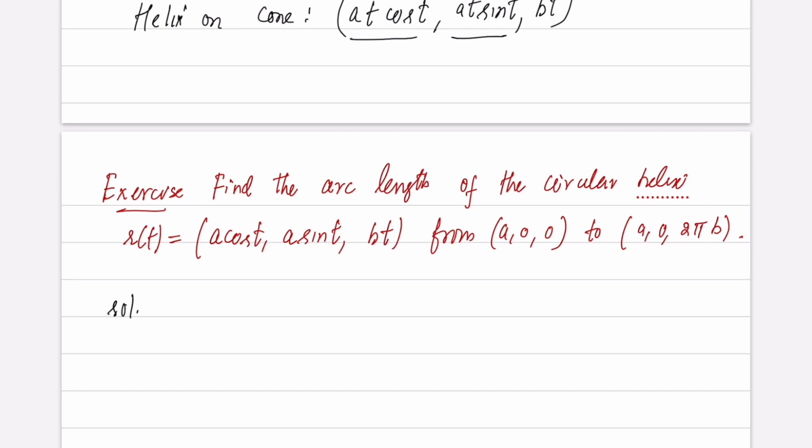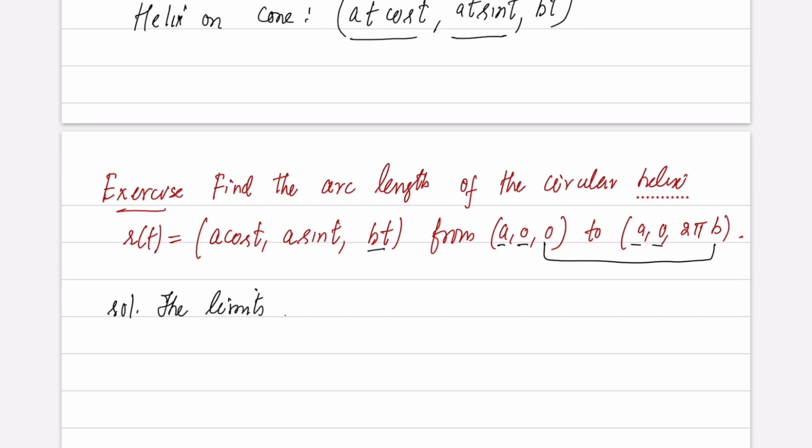Solution. As we know, this is a helix wrapped around the z-axis, so the x-axis coordinates are a to a, which is equal, and the y-axis coordinates are again equal, but the z coordinate is from 0 to 2 pi b. So first of all, we need to find the limits for the integration and use them in the formula for finding the arc length.